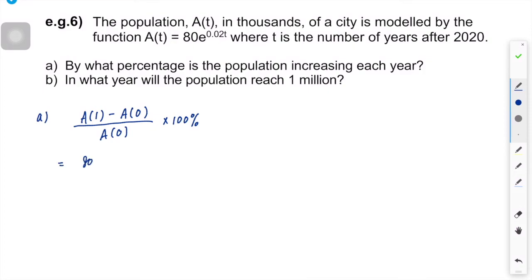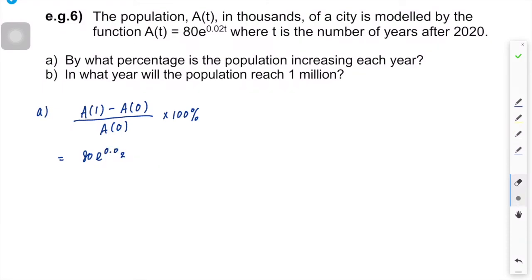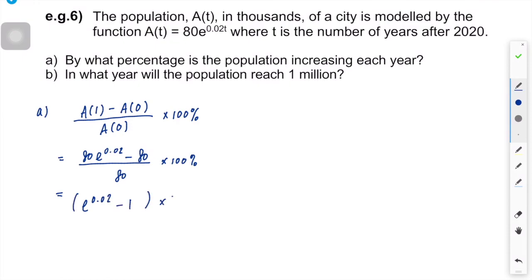We have 80 times e to the power of 0.02 times 1, so it's just that, minus 80 times e to the power of 0, so it's just 80, over 80, times 100%. We know all the 80s will be gone. So technically, you're really dealing with e to the power of 0.02 minus 1, and then multiplied by 100%.